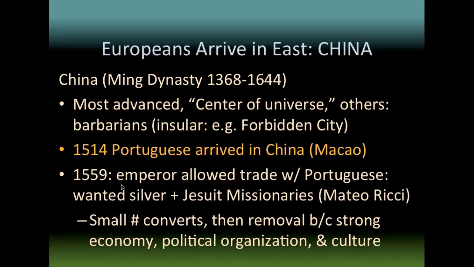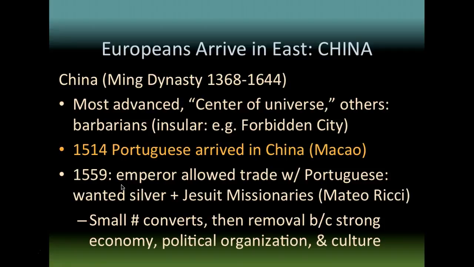In 1514, the Portuguese arrive in China, in a city called Macau. It's a port city. And eventually, by 1559, the emperor allows trade with the Portuguese. This is for a few reasons. The Chinese really like silver, and they want silver.